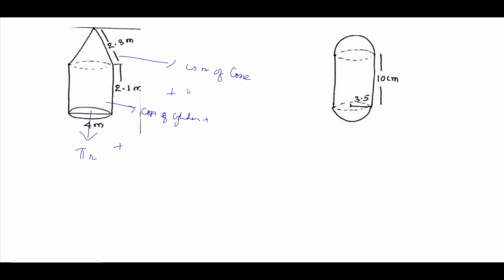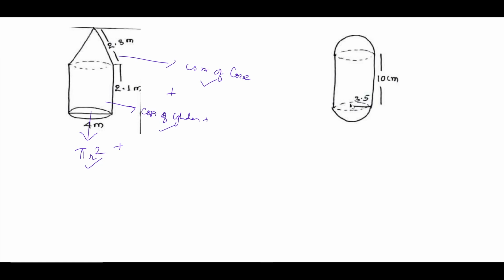Then you can add everything in the last step, so that in case you have made any mistake in between the steps, you lose fewer marks, because already you have calculated the CSA of cylinder, cone and the base part.